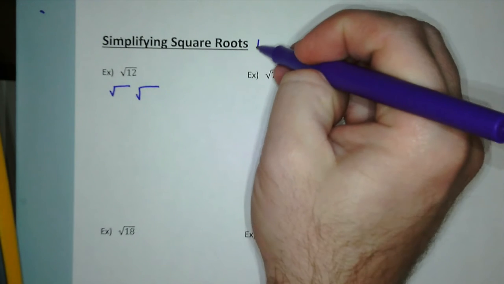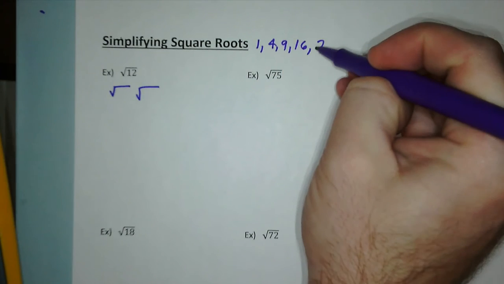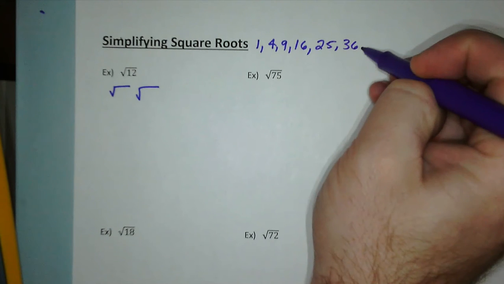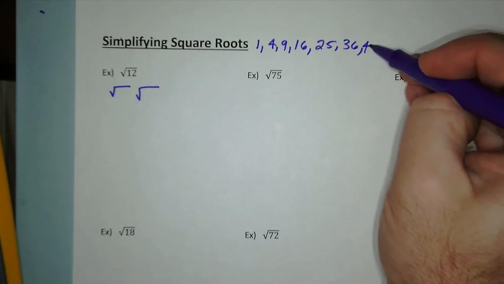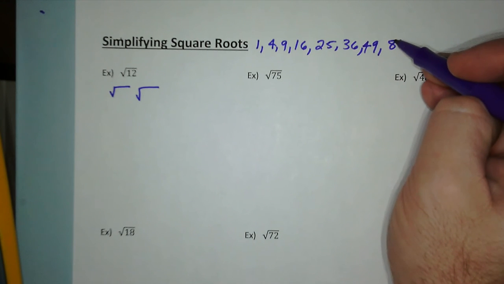Now remember, the numbers that you can actually do nicely, I'll write again right here. 36 and then 49. I hope I'm not skipping any here. Whoa, 64. I knew I was.